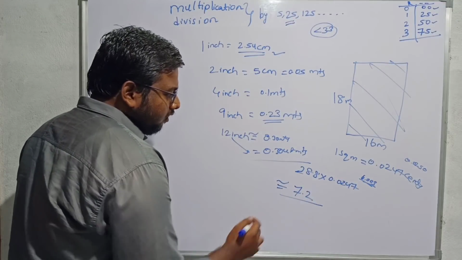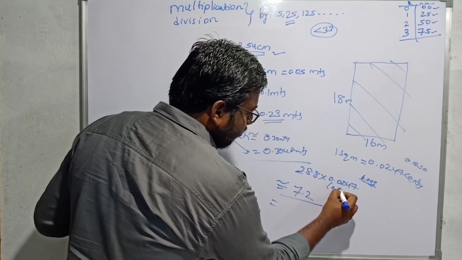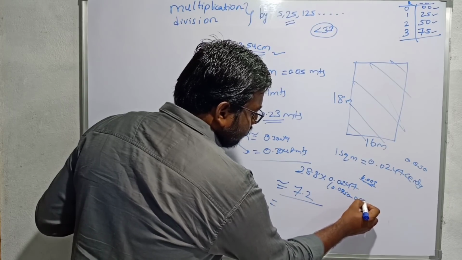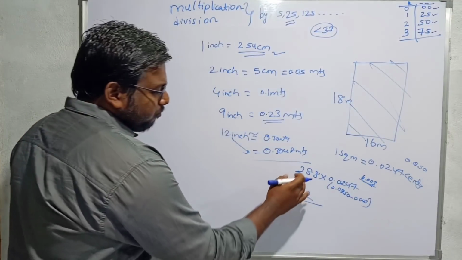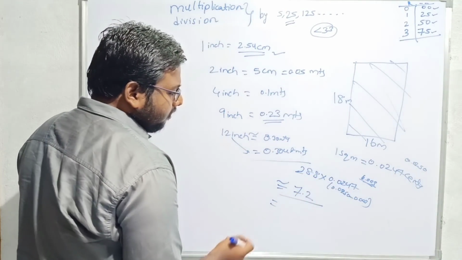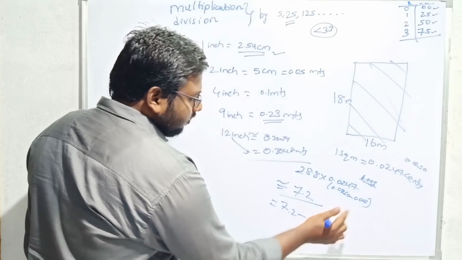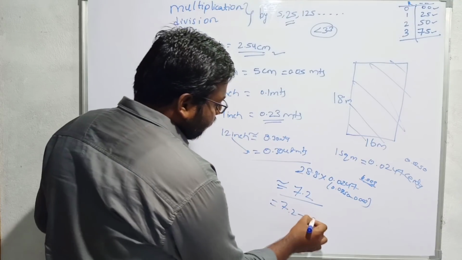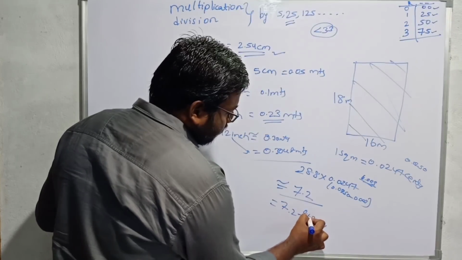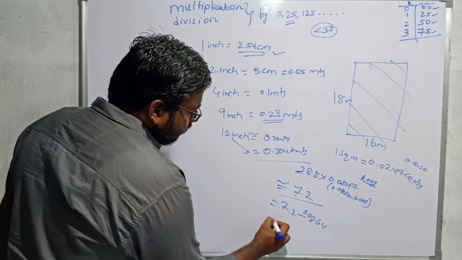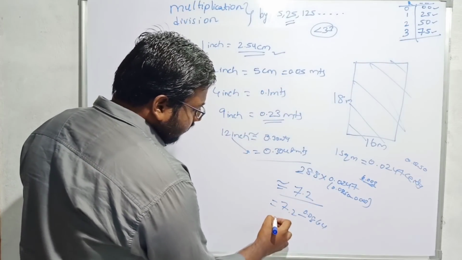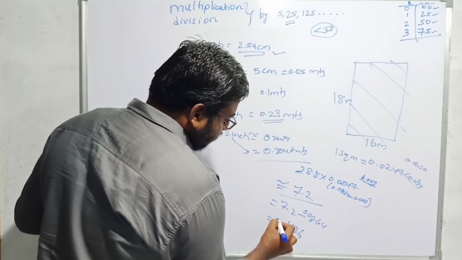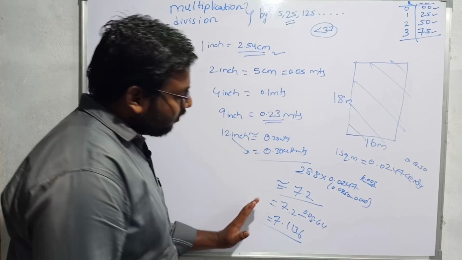So I will calculate 0.0250 minus 0.003, that is 0.0247. 288 into 0.003 is 0.864, and if I subtract this from 7.2, I will get 7.1136.